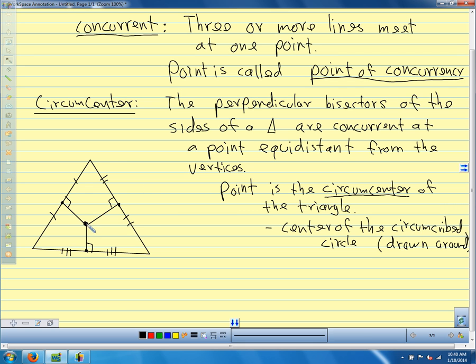So there's our circumcenter, this point right in the middle. And if we draw these segments to each vertex, all the red segments are exactly the same length. So I could put 4 marks on this.